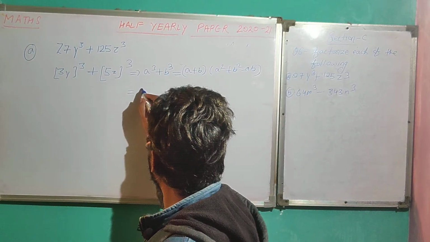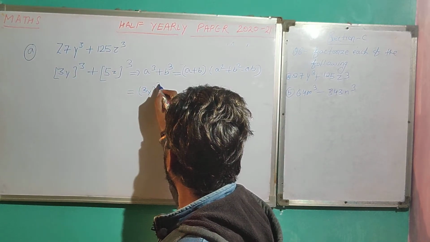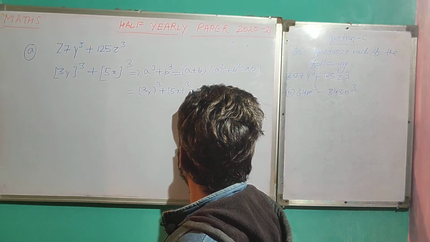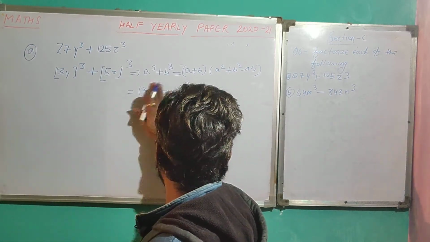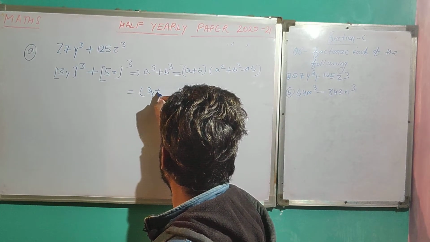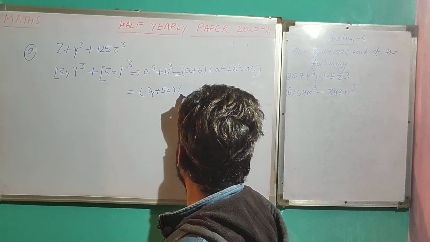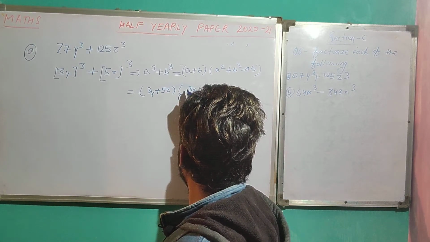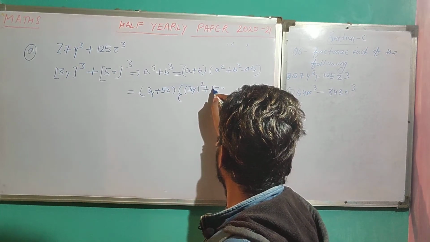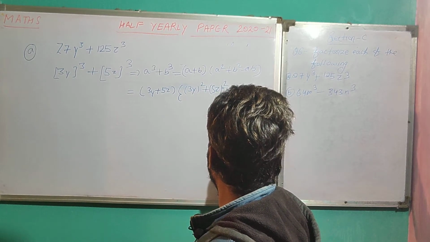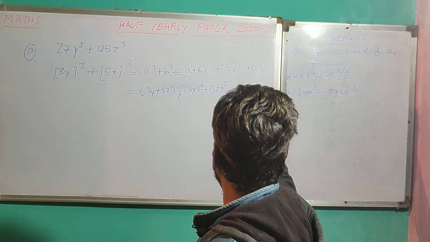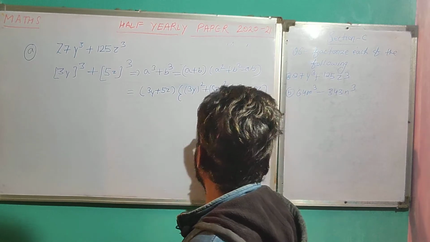Therefore (3y) cube plus (5z) cube is (3y plus 5z) times (3y) square plus (5z) square minus 3y into 5z.